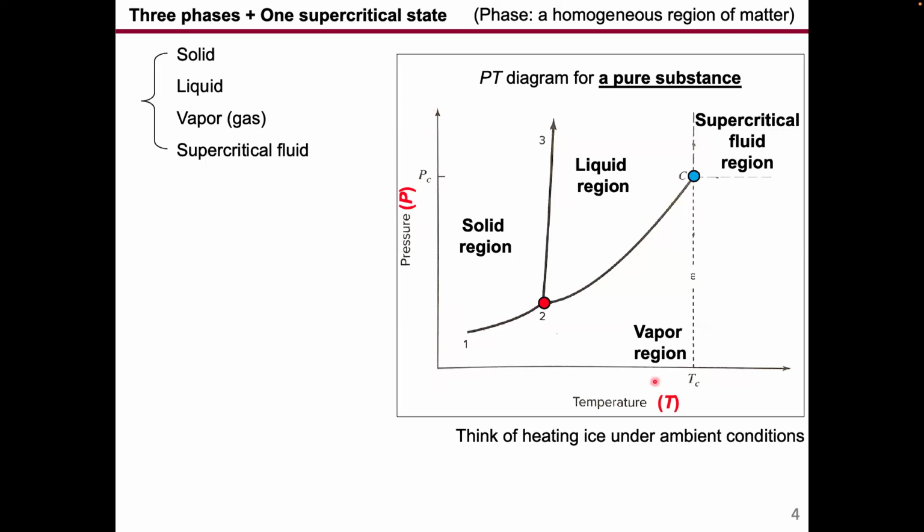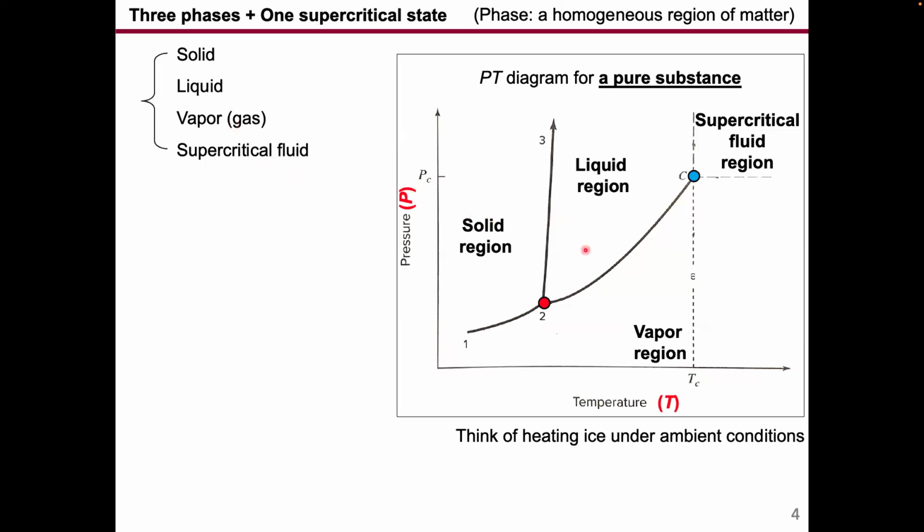Now, if you are talking about a PT diagram for a pure substance, usually you will have four distinct phases. The first is solid, usually at lower temperature and higher pressure. And then you have liquid, at higher temperature than solid, so you go through this melting process.